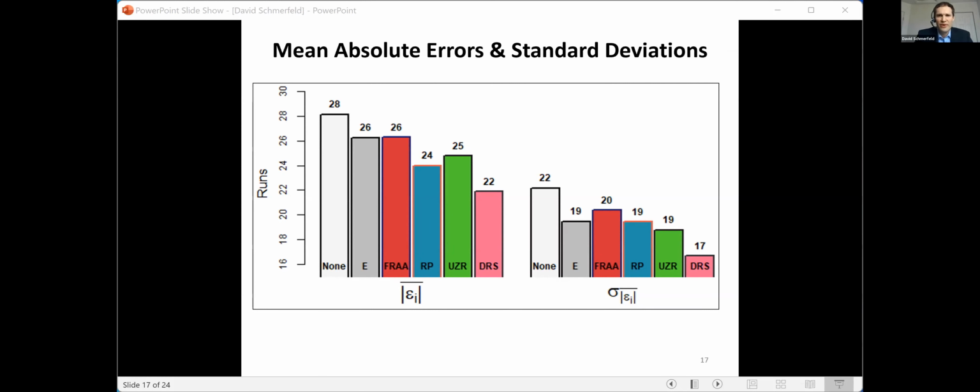Now, if you look at the chart on the right, these are the standard deviations of the prediction errors. Here, DRS at 17 had the lowest standard deviation. So that means that DRS was also the most consistent. This is all good news for DRS. It's the most accurate on the left, and it's the most consistent on the right.